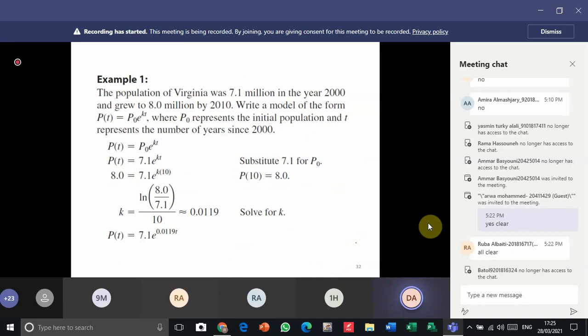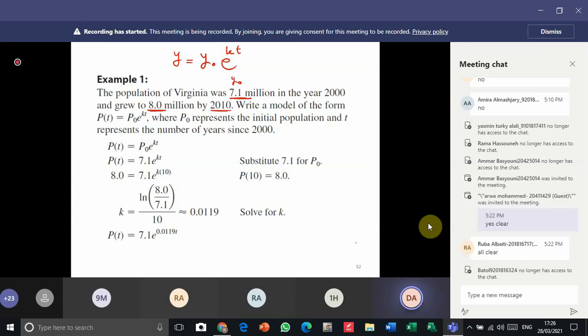Now for the exponential decay or growth y equals y naught e to the power kt: the population in Virginia was 7.1 million. So this is the y naught, the initial value, 7.1 million in the year 2000, and it grew to 8 million after 10 years, from 2000 to 2010.